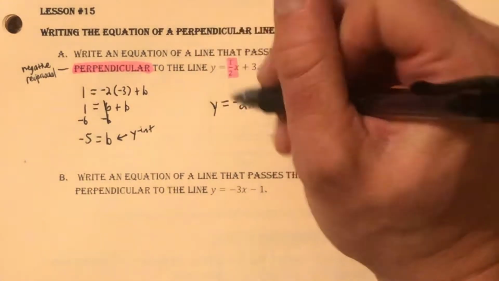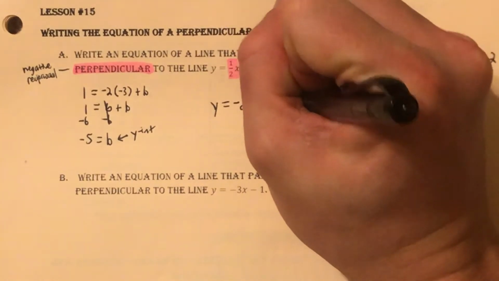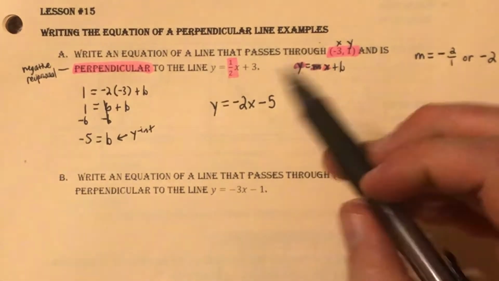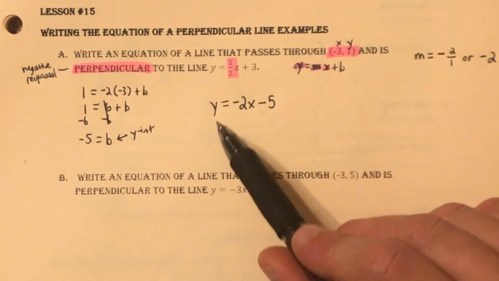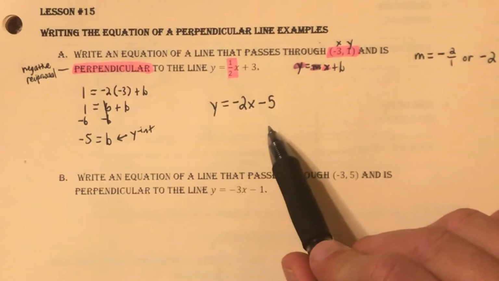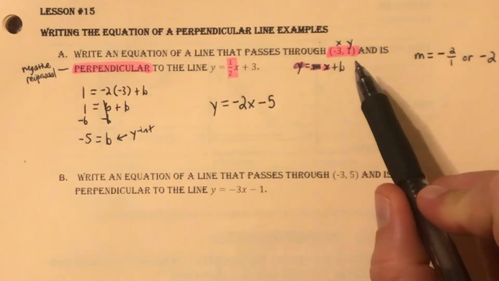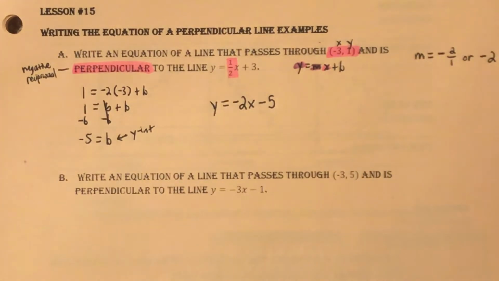So instead of plus -5, I'm just going to write it as minus 5. So the equation of my perpendicular line to y equals 1/2 x plus 3 is y equals -2x minus 5. And that passes through the point (-3, 1). All right, so that is our process to writing the equation of a perpendicular line.